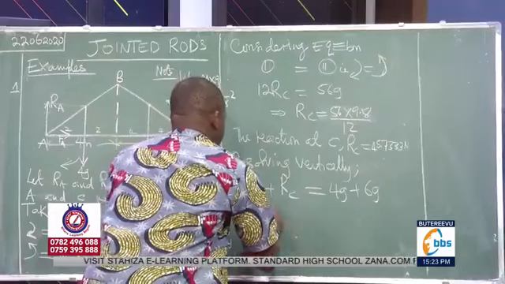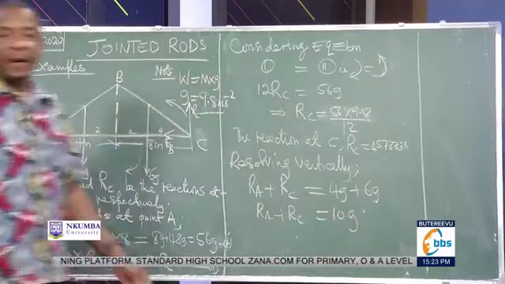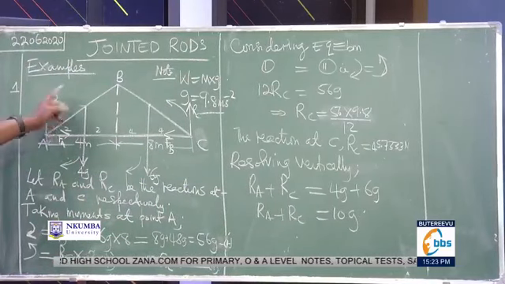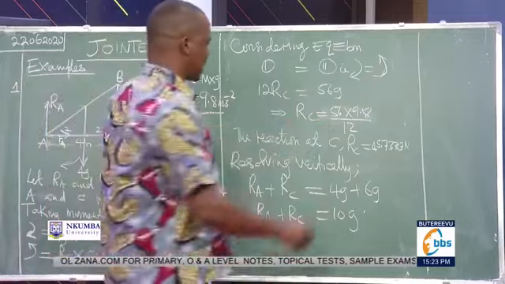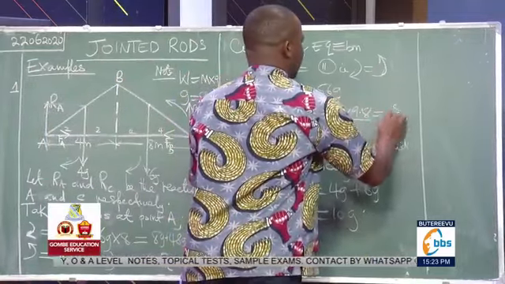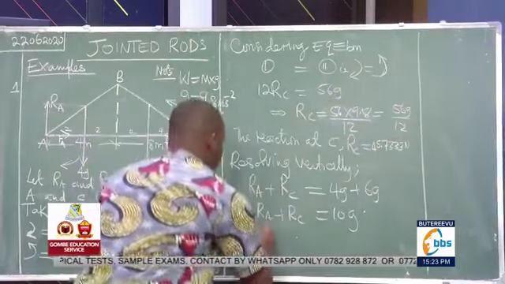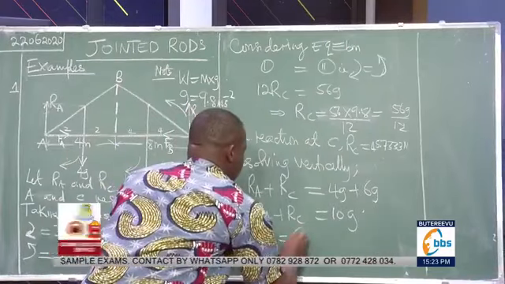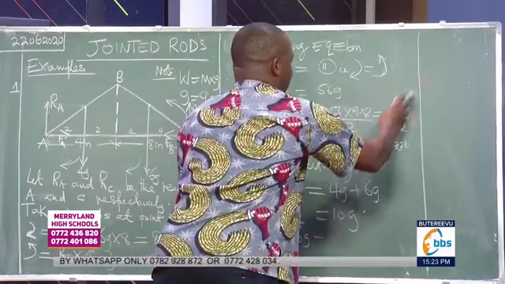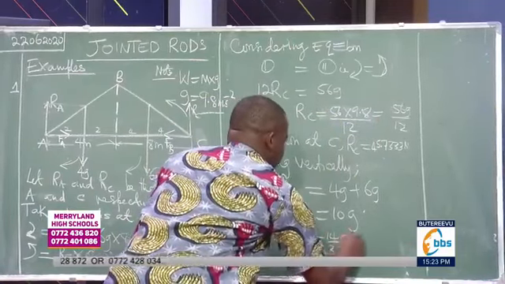So our RA plus RC will give us 10G, and we are interested in finding RA, and we know RC. So I will consider RC at this stage without eliminating the G. Therefore, my RA is going to be 10G minus my RC.